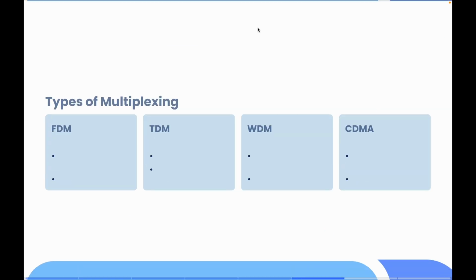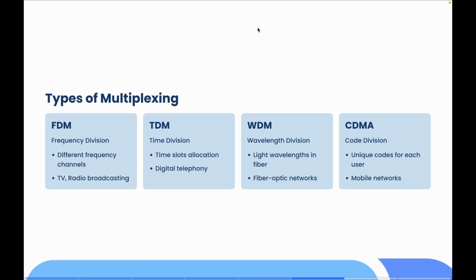Types of multiplexing. There are four types of multiplexing: FDM, TDM, WDM, CDMA. FDM, frequency division multiplexing: different frequency channels are used. It is used in TV and radio broadcasting. TDM, time division multiplexing: it uses time slot allocation, and it is used in digital telephony.